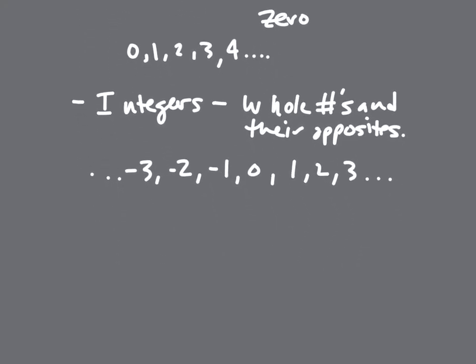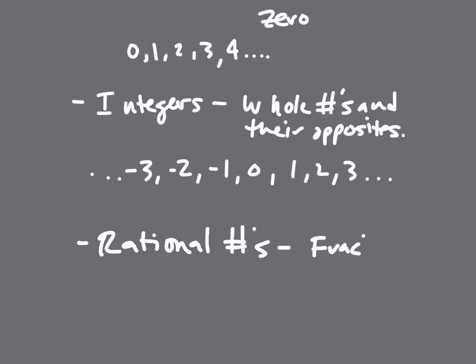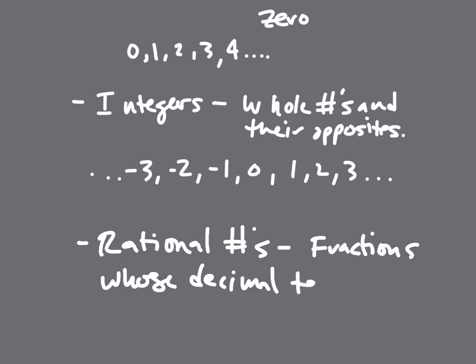My next one is our rational numbers. Rational numbers are fractions whose decimal either terminates or repeats.